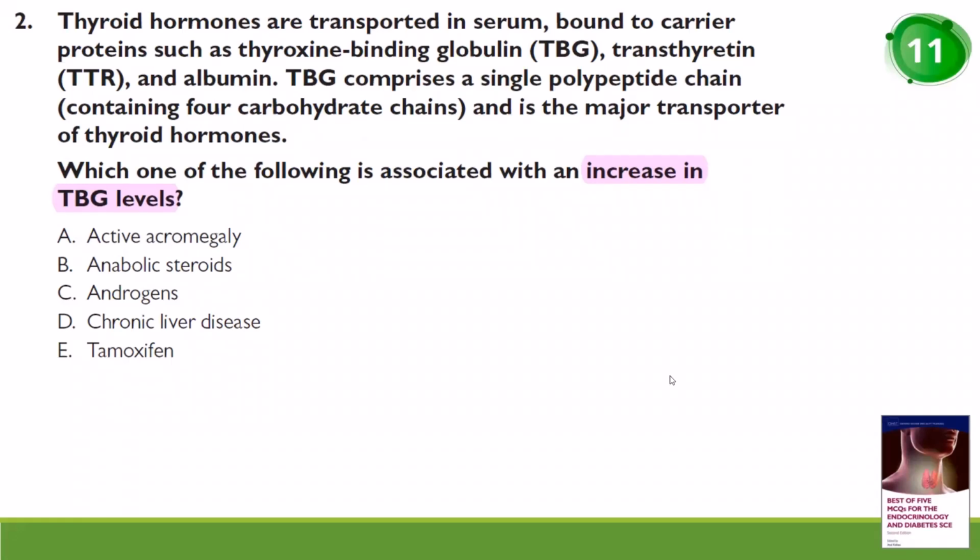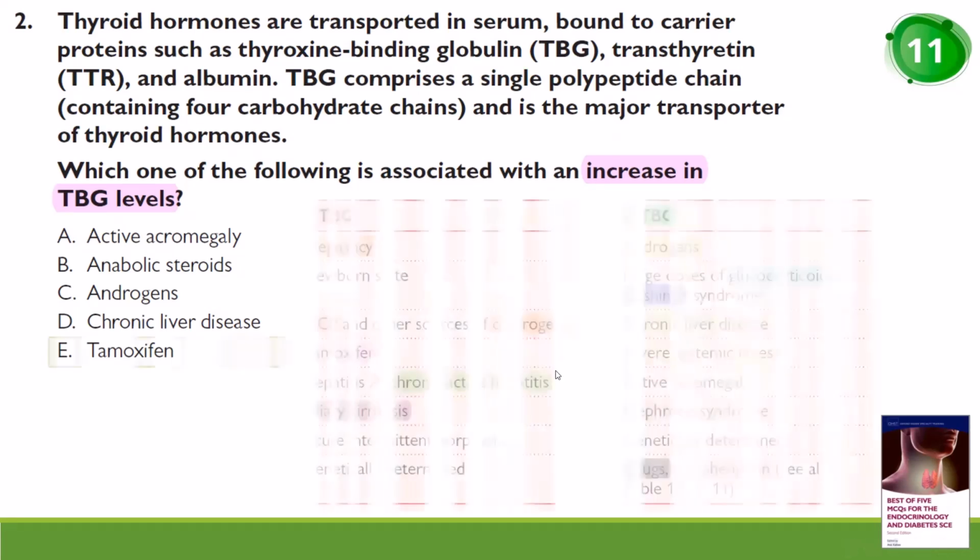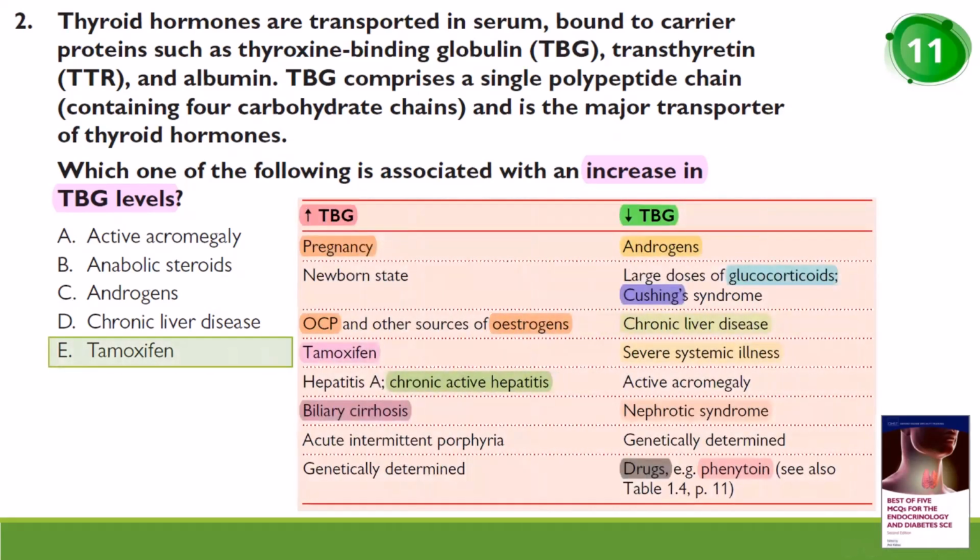Which one of the following is associated with increased TBG level? Tamoxifen. Yes, tamoxifen. So this is very important, to know the disorders and the drugs that affect TBG. Drugs and conditions that increase TBG: pregnancy, oral contraceptive pills containing estrogen, tamoxifen, hepatitis A, chronic active hepatitis, biliary cirrhosis, acute porphyria.